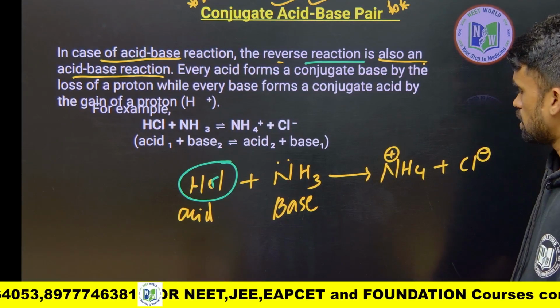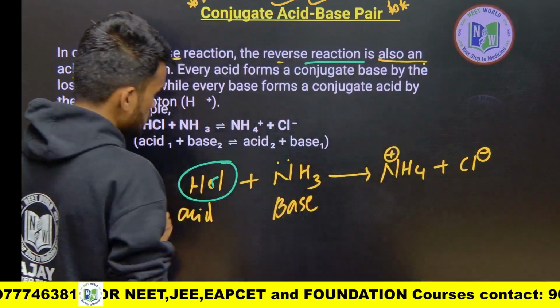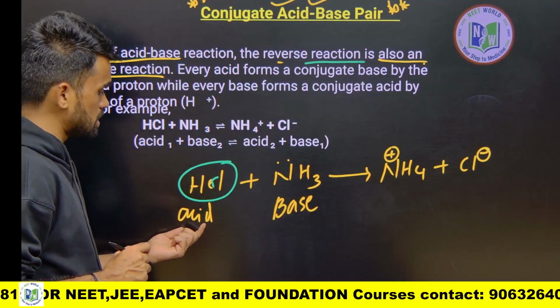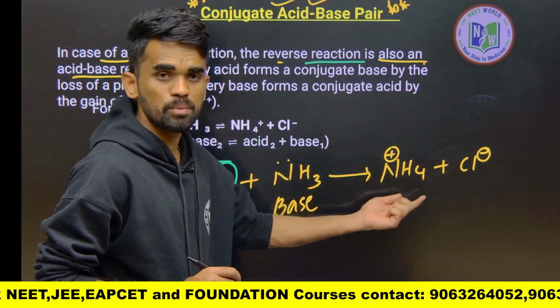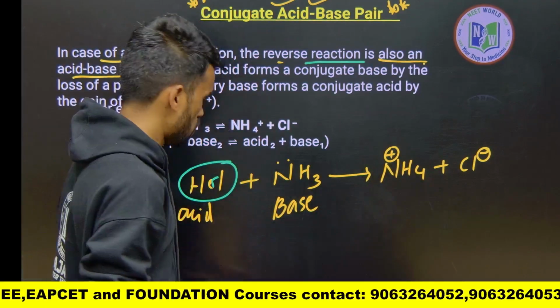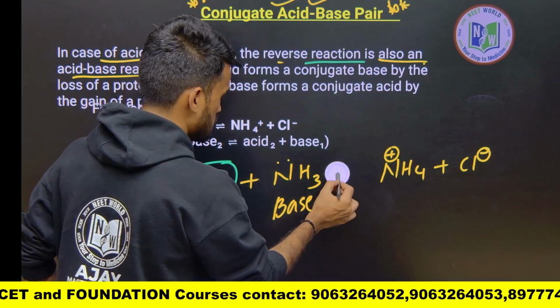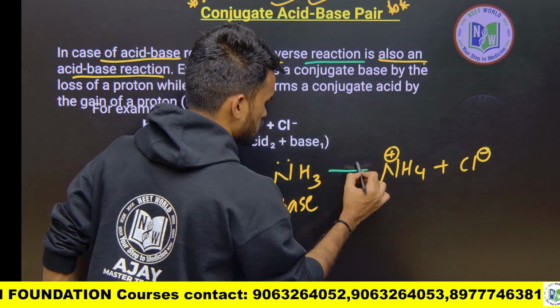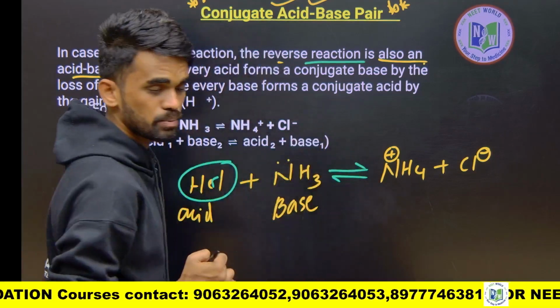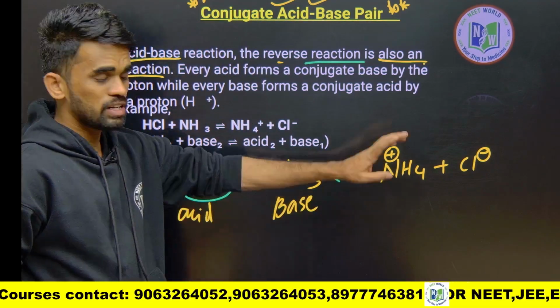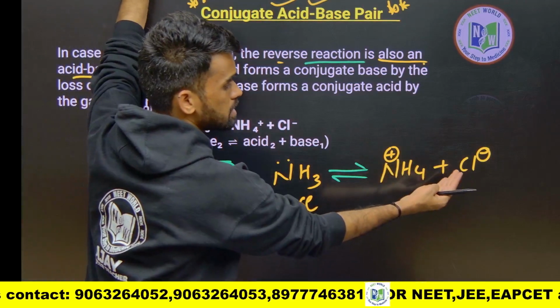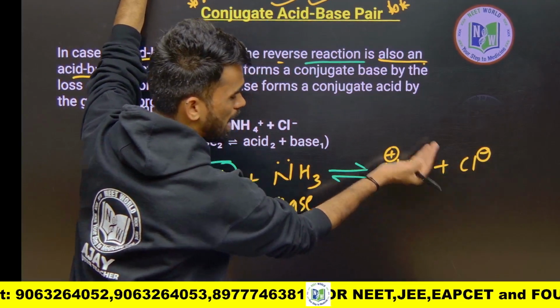Hope it is clear. Now see, this donated H plus is taken by this and forms these respective species. Now here I am using a reversible symbol, just for understanding purposes. After forming this, let us imagine the reaction is coming back from this side.